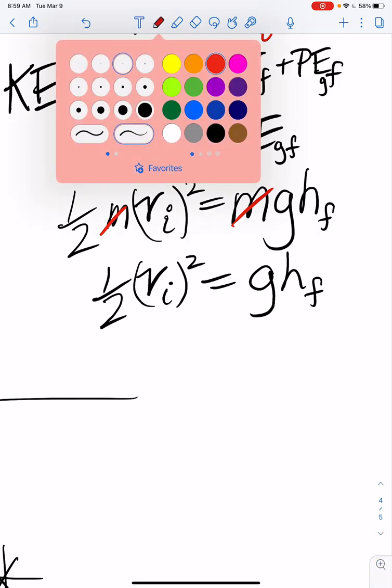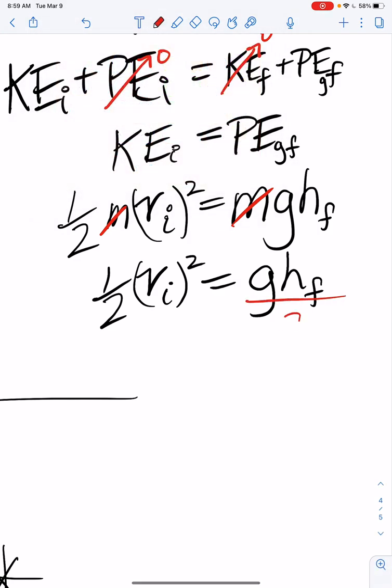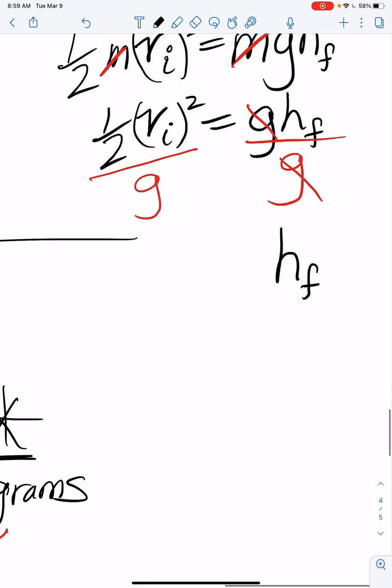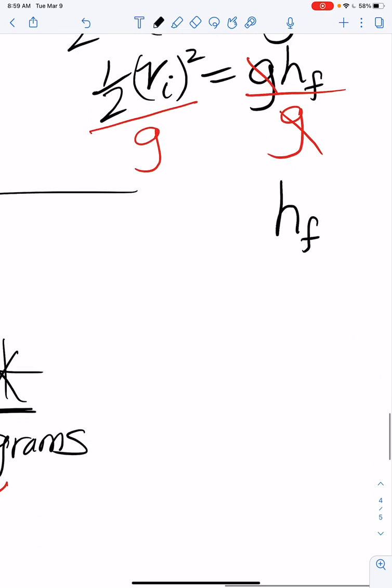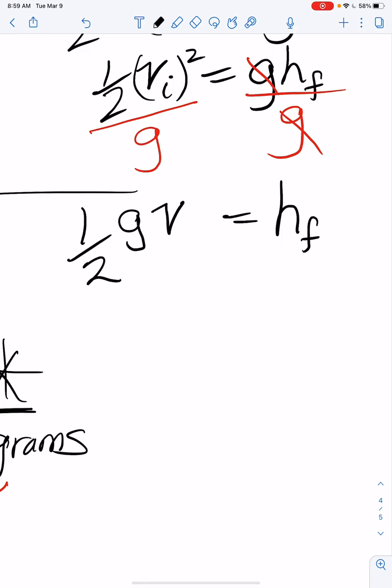And so we can just do one move here, I think, to get this to look the way we want. Let's just kick the g over to the other side, right? So I'm going to go ahead and do that, cancel the g right here, and I end up with h final alone on that side, which is what I want, is equal to 1/2 times v_i squared over g.